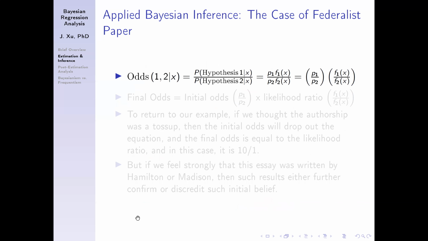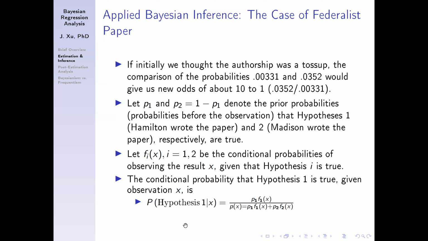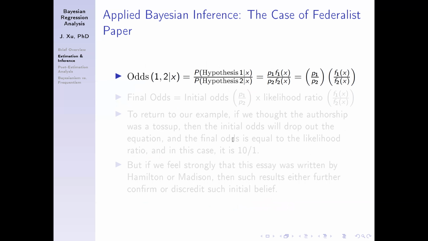Okay. Now, that conditional probability, the probability of hypothesis 1 given x, could lead to the odds. What are the odds? Because right now I want to know the odds of hypothesis 1 being true given x over the probability of hypothesis 2 being true given x.